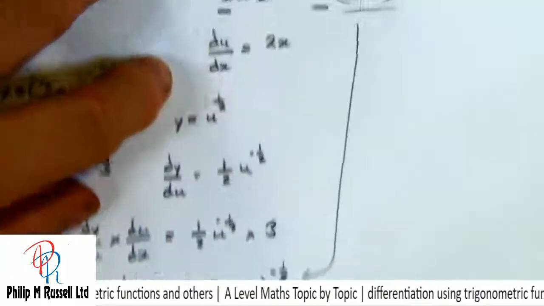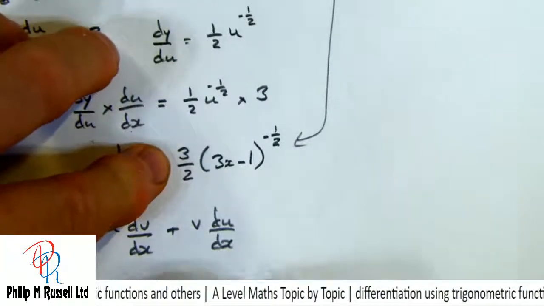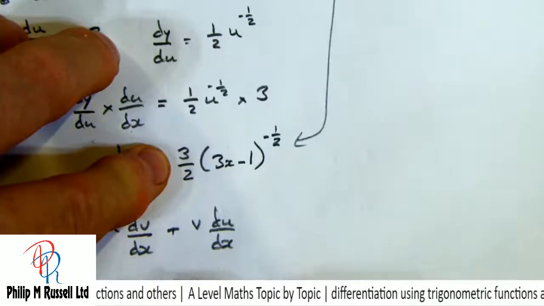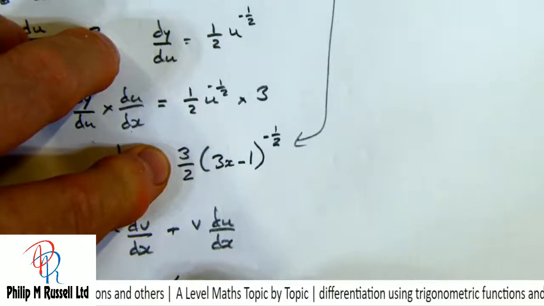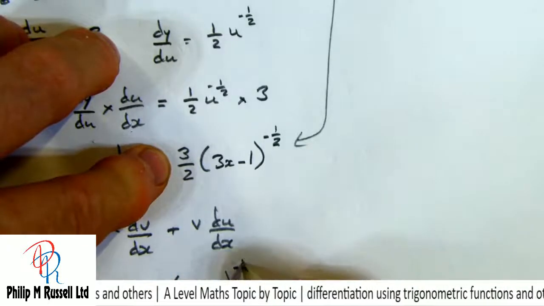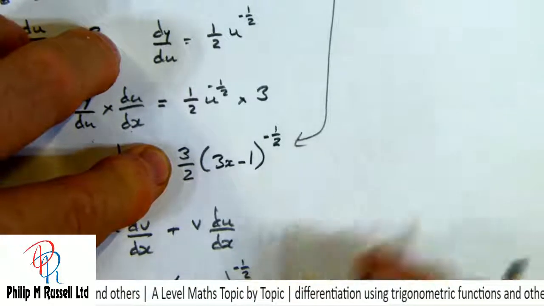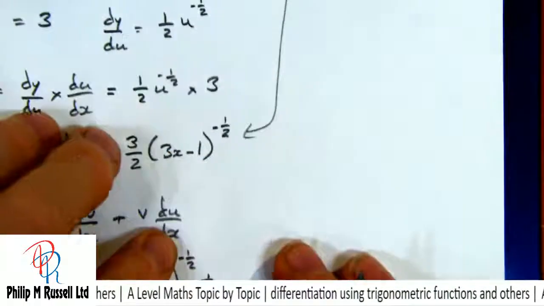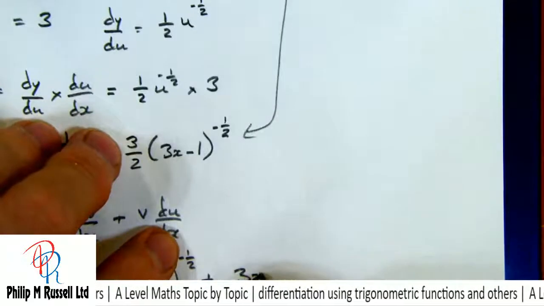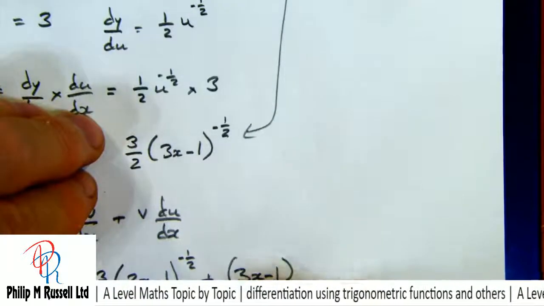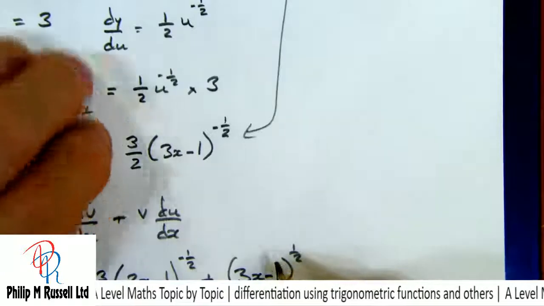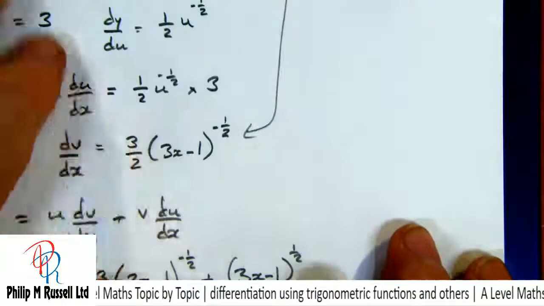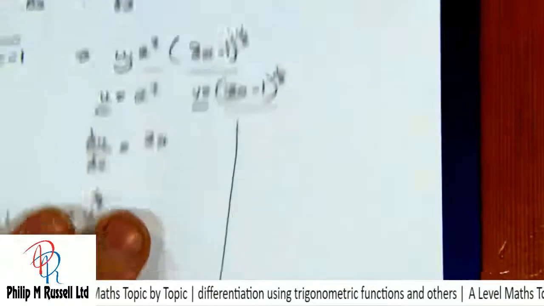My dv by dx is that lot, so it's going to be x squared times 3 over 2, 3x minus 1 to the minus a half, plus v, and v was all of that lot, which is 3x minus 1, this time to the half, by du by dx, and du by dx was 2x.